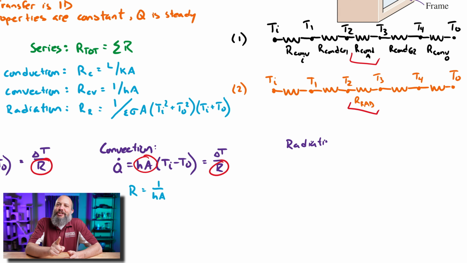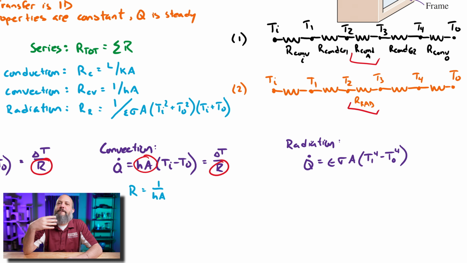Now, radiation, though, is going to require a little bit of algebra, because looking at this regular radiation equation, you see, we don't just have delta T. We've got both of the temperatures raised up to the 4th power. So this is going to take some algebra to try to rearrange these temperature terms to get just a regular delta T with no exponents.